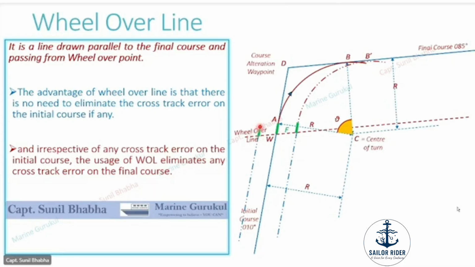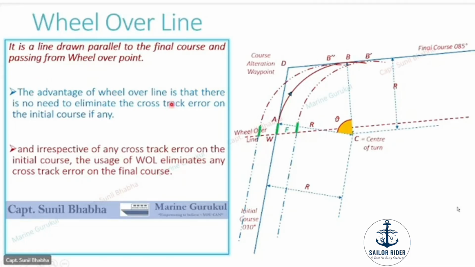At this particular point, it starts to respond to the helm, starts to move on the curved path, and the vessel finally lands at this particular position represented by B double dash. And you see that irrespective of any cross-track error on the initial course, the vessel reaches the final course with zero cross-track error.